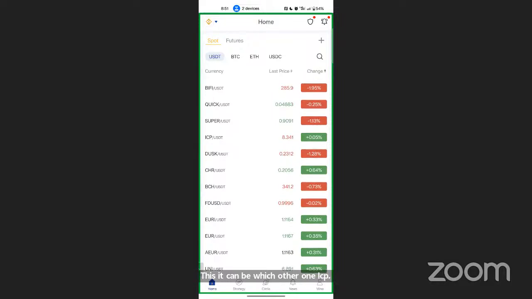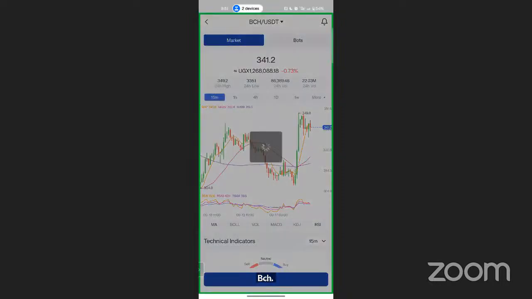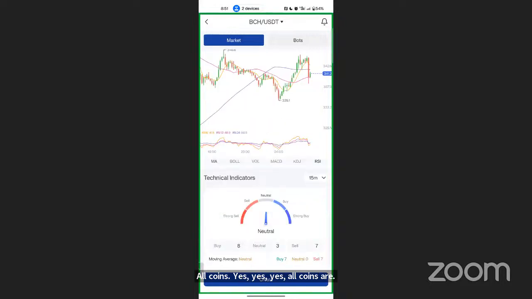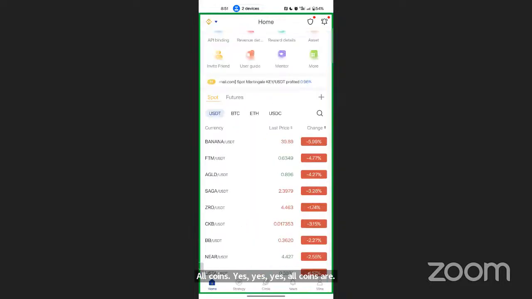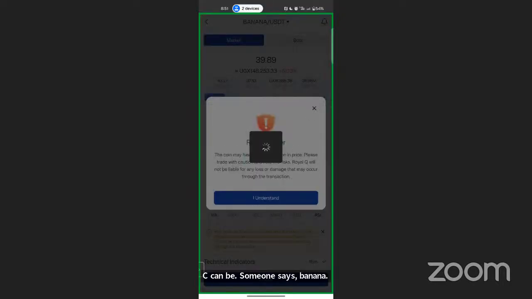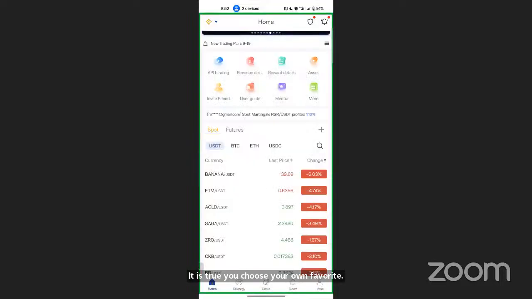CKB. BCH. All coins are okay. So let me go for CKB. Someone says banana. It is true, you choose your own favorite. But now I'm going to go in for CKB.